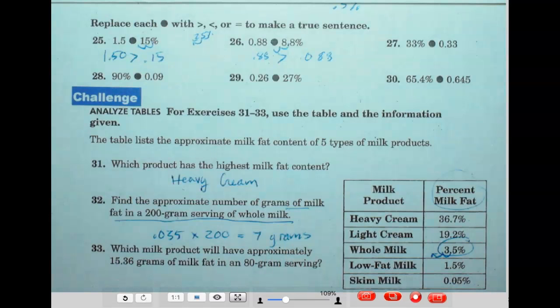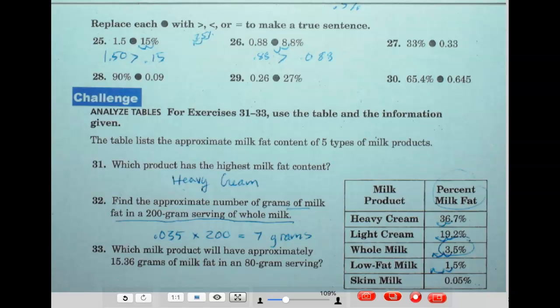And then this last one, which product will have approximately 15.36 grams of milk fat in an 80-gram serving? Well, I can do the same thing. I can change all of these into decimals and multiply them by 80 and see which one it is. Let's take this one here.